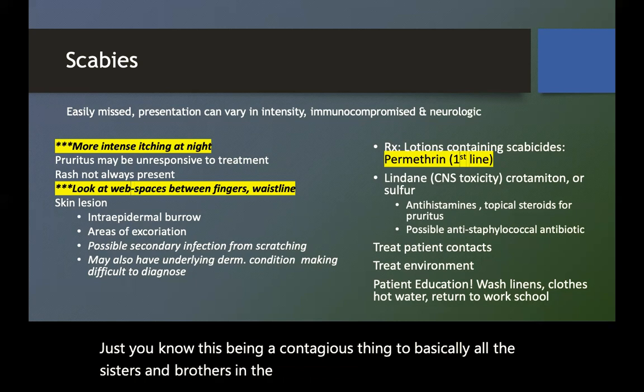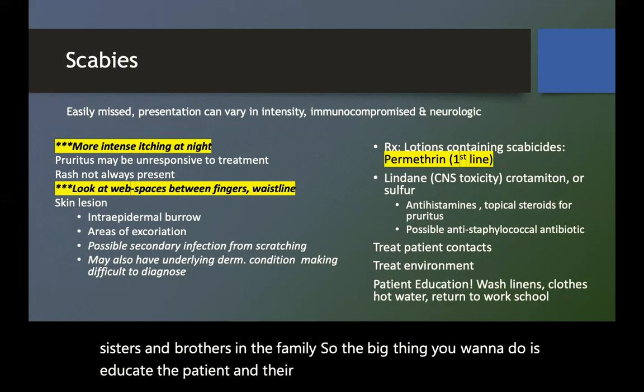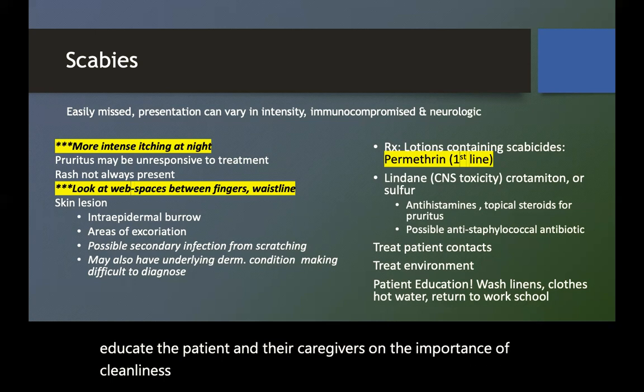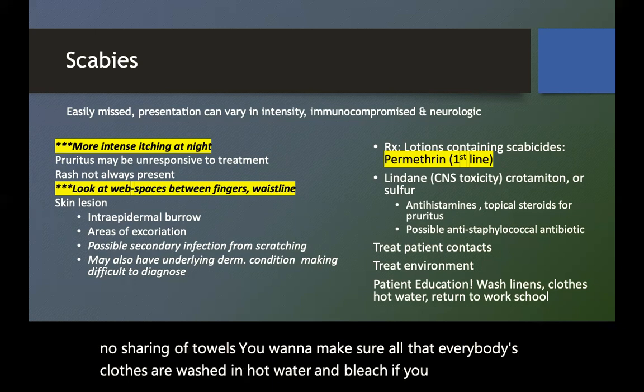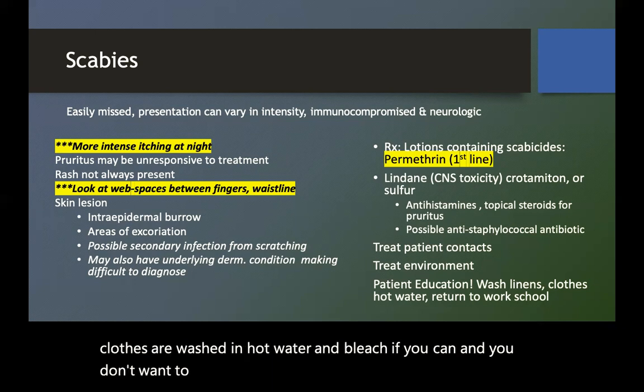So the big thing you want to do is educate the patient and their caregivers on the importance of cleanliness. So washing the linens in hot water and bleach, especially no sharing of towels. You want to make sure everybody's clothes are washed in hot water and bleach if you can, and you don't want to return until it's gone.